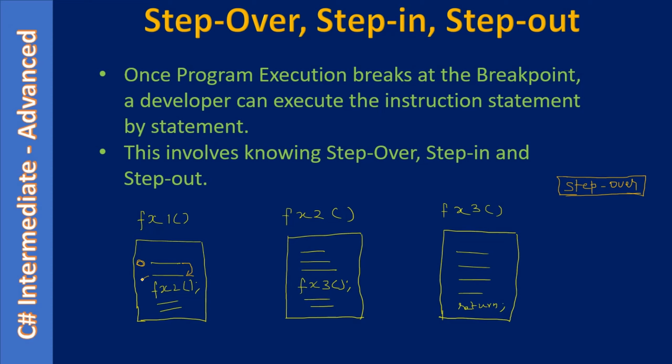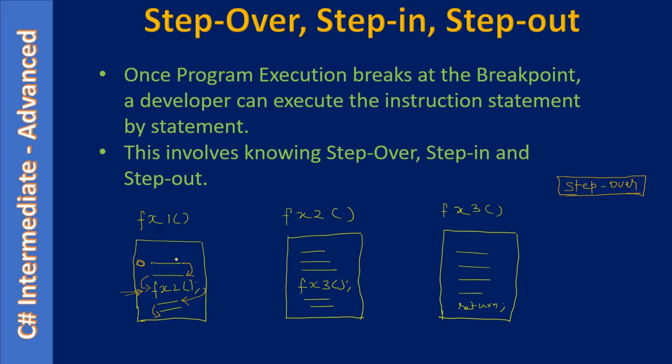After that, if you press step over again, it will execute fx2. When the program execution is at this line and you opt for step over, it will completely execute this function and the execution resumes at the next line, and it continues like this.